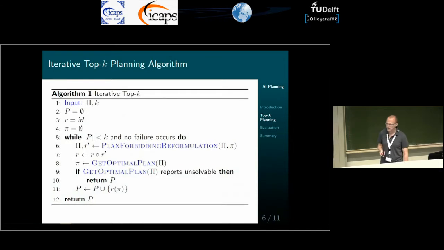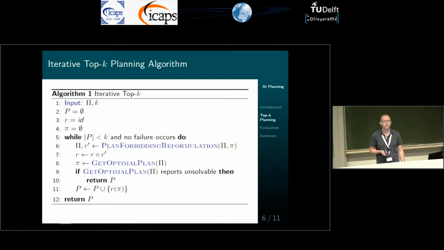So a simple algorithm that actually solves top-k planning would be: take the original task, find a solution with your favorite optimal planner, forbid that, and continue until you have enough solutions.